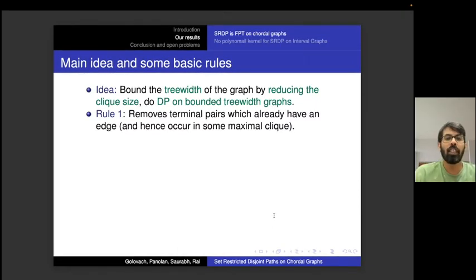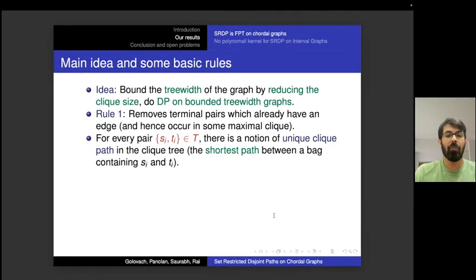For reducing the clique size, what do we do? First we look at terminal pairs which already have an edge between them. Then we don't really need to do much to connect these terminal pairs, so we remove those pairs and basically just remove that requirement.